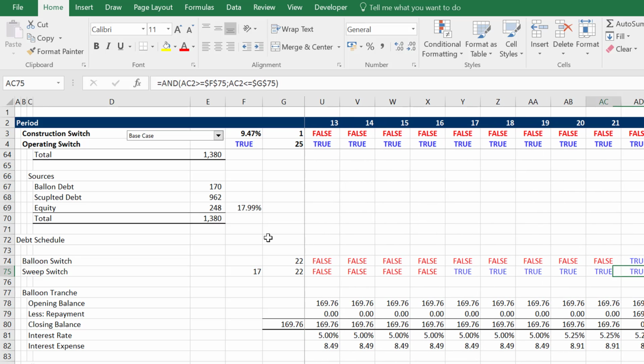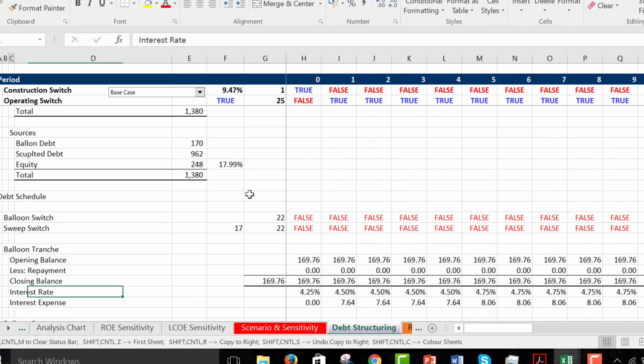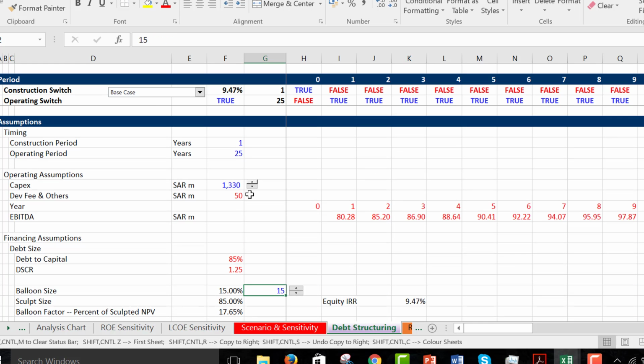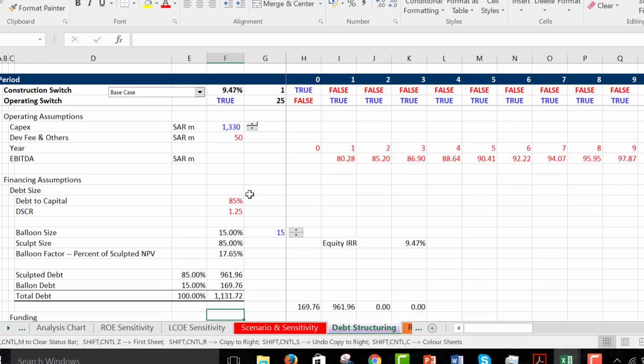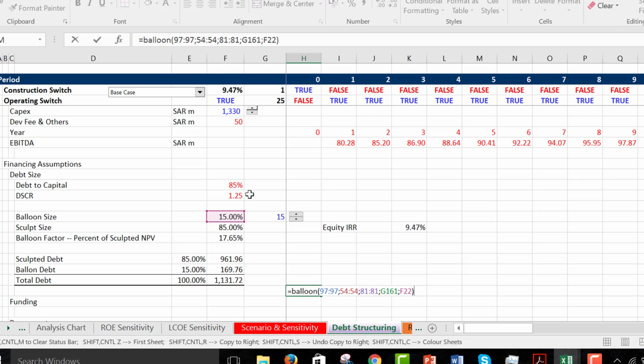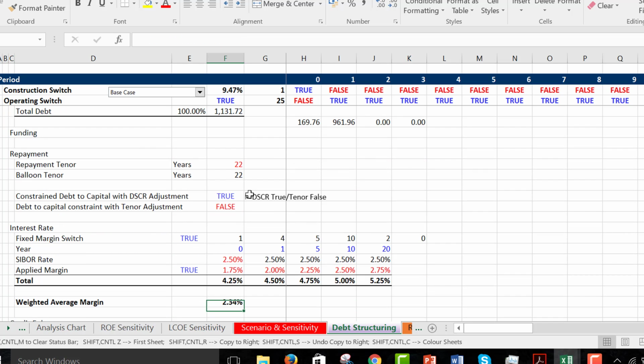So over here we have a true when we're going to start our sweep, and then we have a true just when our balloon occurs, and then we just make our balloon tranche. I go up to F27, and F27 was the amount of the balloon payment, and the amount of the balloon payment came from a circular reference. I tried to make this 17% of the sculpted payment, that's what I tried at first, but it causes a circular reference.